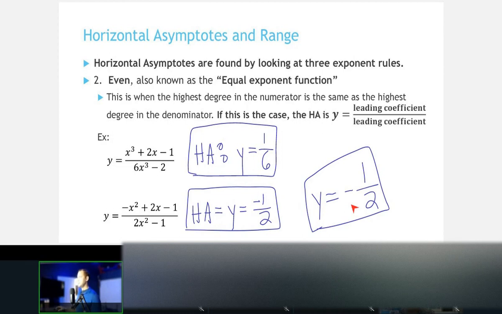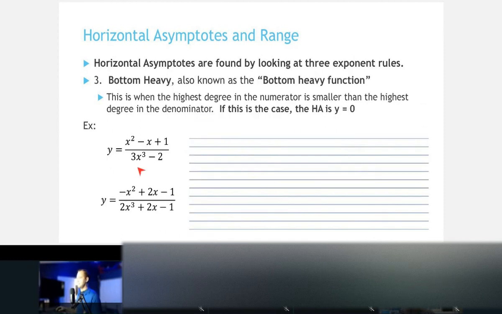All right, so that's HA. HA is the hardest one because we have to do some math, right? The next one, bottom heavy, is super easy. When it's bottom heavy, like you see here, this is x squared, and this is x to the third. So 3 is more than 2, so this is considered a bottom heavy rational function. This is x squared, this is x cubed. 3 is bigger than 2, so it's bottom heavy.